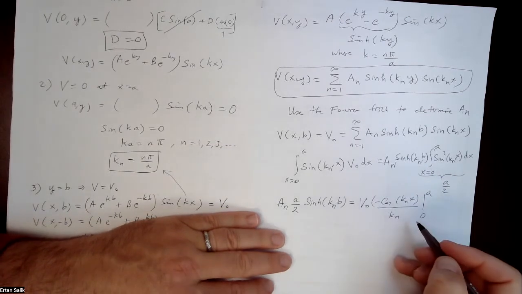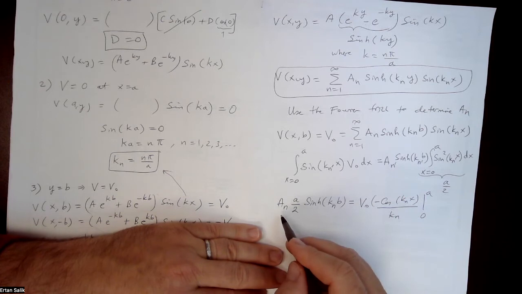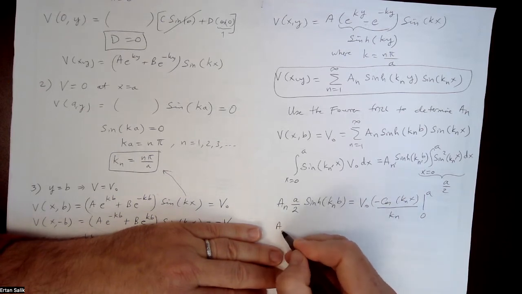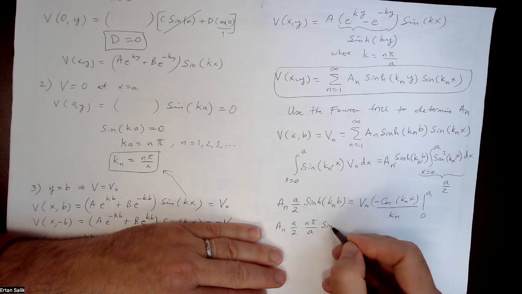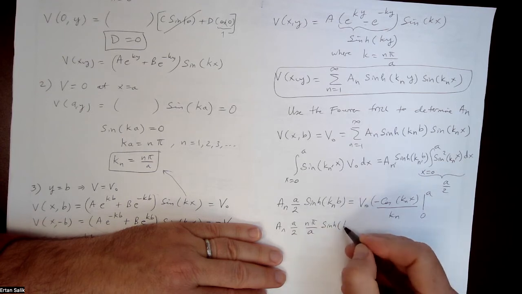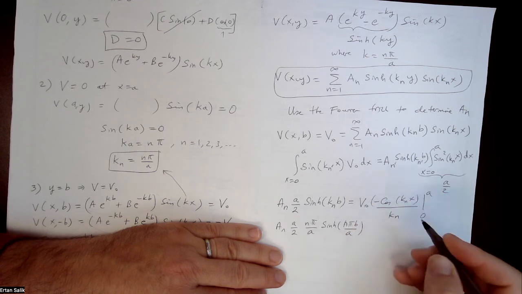Right. So let's do it. This is going to be an a over 2, kn is n pi over a, sine hyperbolic of n pi b over a.